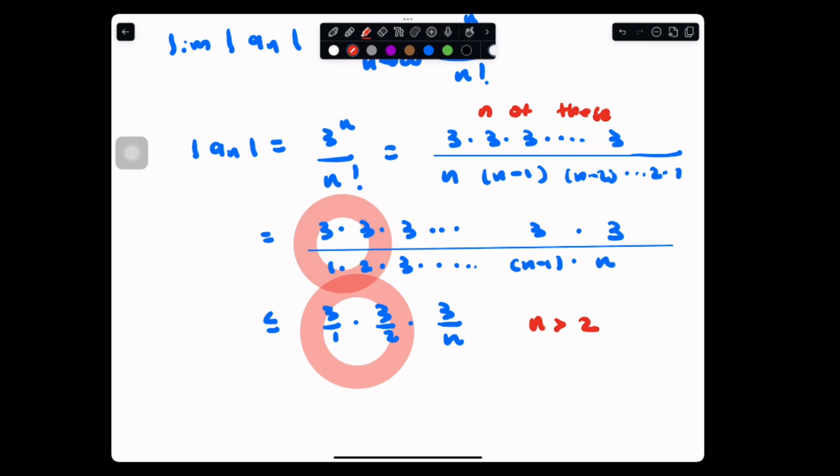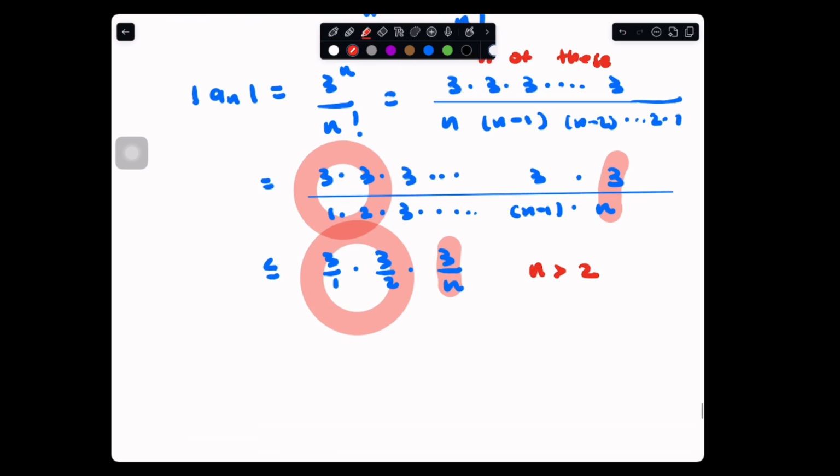Those terms, and then you got this last term here, 3 to the n. So this portion is now going to become 27 over 2 to the n.